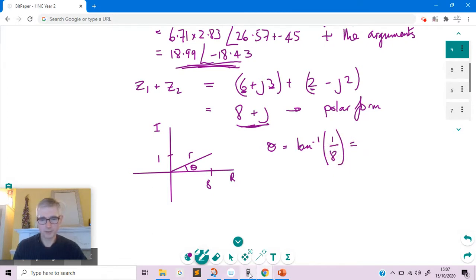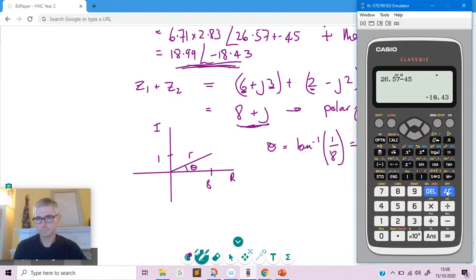And so let's get the calculator up again. So shift, tan, fraction, 1 over 8, and we get 7.13. I'm going to call that.